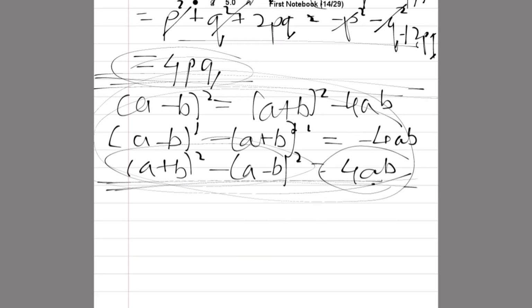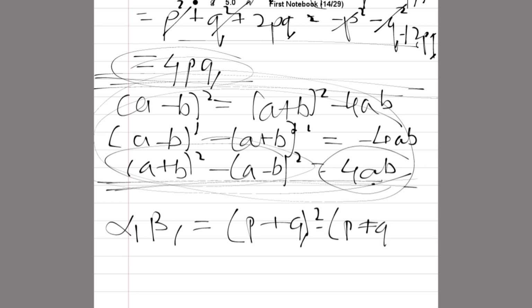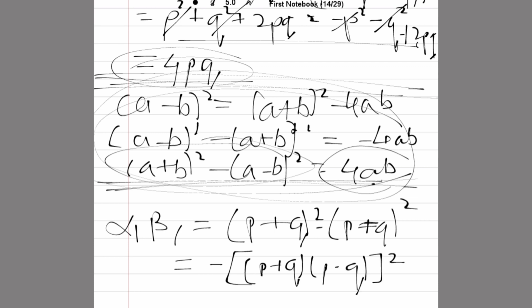Okay, next thing is alpha 1 into beta 1 we have to find. So alpha 1 is (p plus q) whole square, and beta 1 is minus (p minus q) whole square, right? So this is what we have. And now we have this minus sign here, and we can just write it as minus (p plus q) into (p minus q) whole square, right?